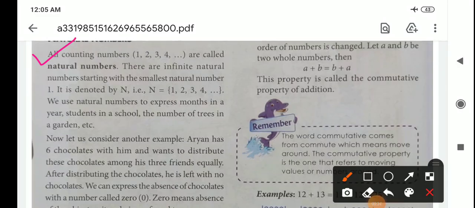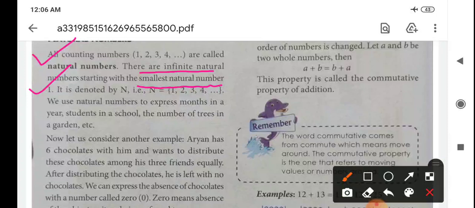Okay, counting numbers means, children, suppose 1, 2, 3, 4, 5, 6 like this. There are infinite natural numbers, starting with the smallest natural number 1. Infinite natural numbers means, children, we cannot count them.